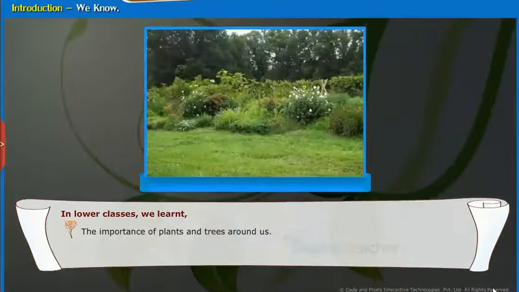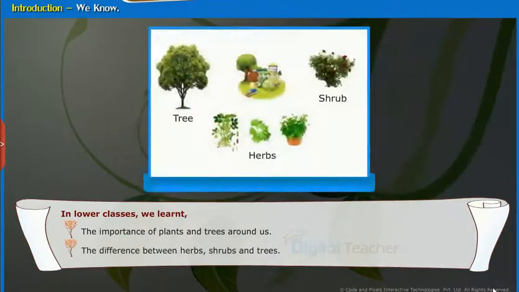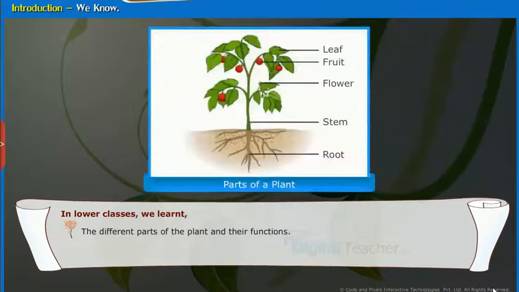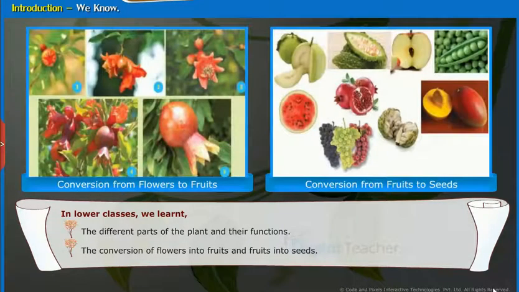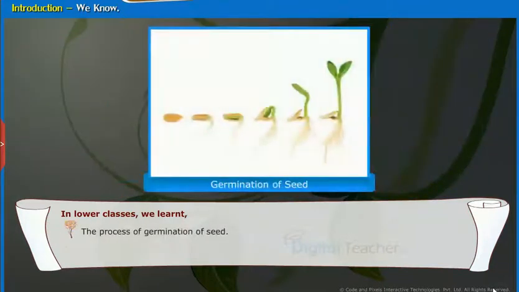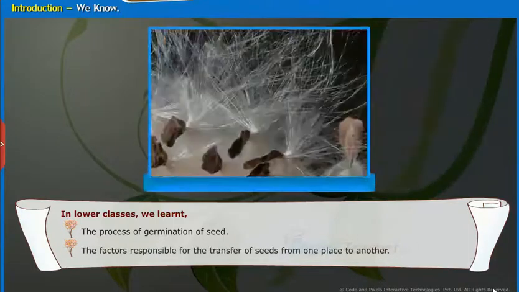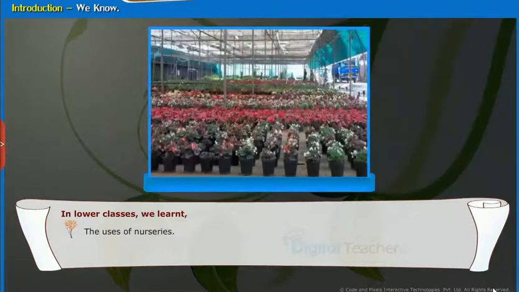Let us first start with the introduction. In lower classes, we learned the importance of plants and trees around us, the difference between herbs, shrubs and trees, the different parts of the plant and their functions, the conversion of flowers into fruits and fruits into seeds, the process of germination of seed, the factors responsible for the transfer of seeds from one place to another, the uses of nurseries.